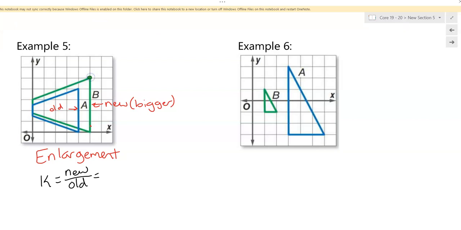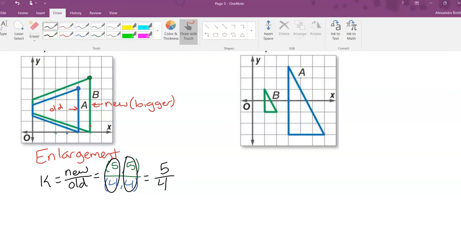Again, sure, this point we have 1, 2, 3, 4, 5. And then 1, 2, 3, 4, 5. It's nice when these work out so nicely. And then I have to pick the same point on my A, which is 1, 2, 3, 4. 1, 2, 3, 4. Again, dividing those, that's 5/4. Again, it doesn't matter. I could also choose these. It's still 5/4. Right?